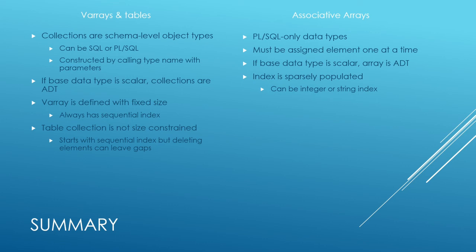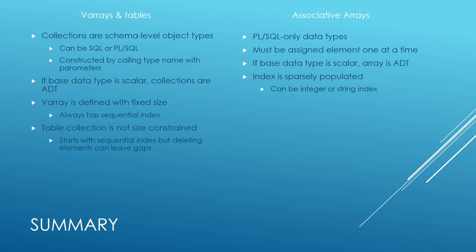If the base data type is scalar, then the collection is attribute data types, or ADT. The V array is defined with a fixed size, and it always has to be, and it will have a sequential index. Your table collection is not size constrained. It'll start with a sequential index, but it potentially can end up with gaps if you delete anything.